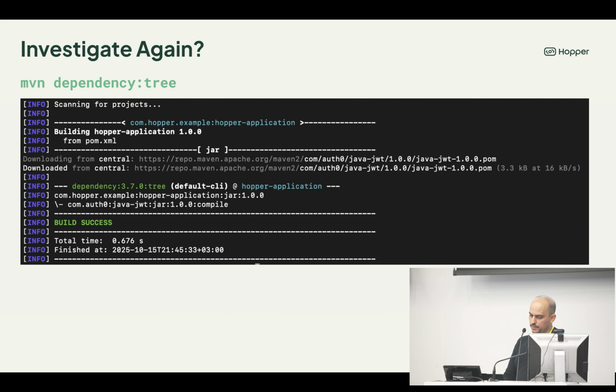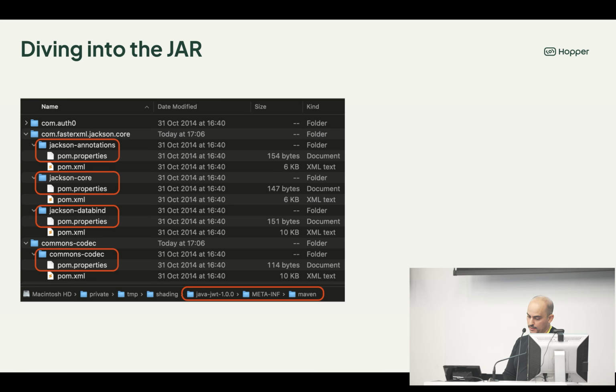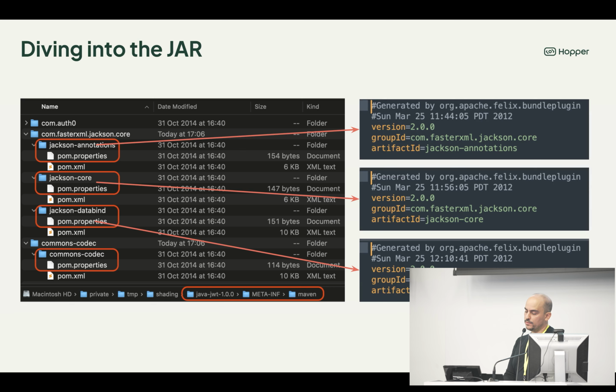So how did Trivy do this? Basically, let's dive into the jar itself. I take the com.auth0 JWT jar and unzip it. And then I go to a metadata folder which contains some interesting files called POM properties.